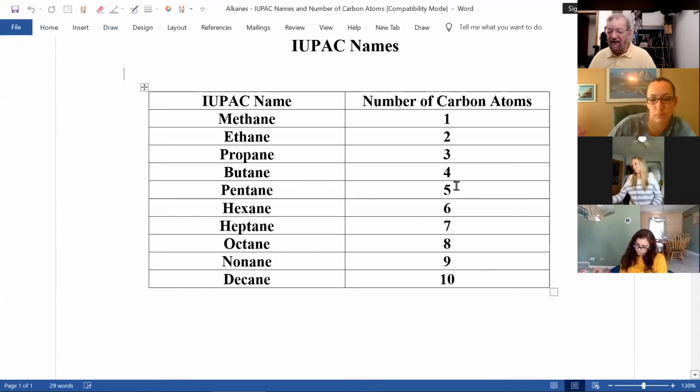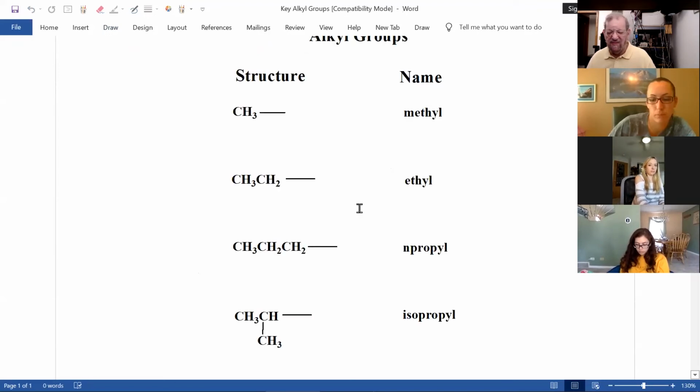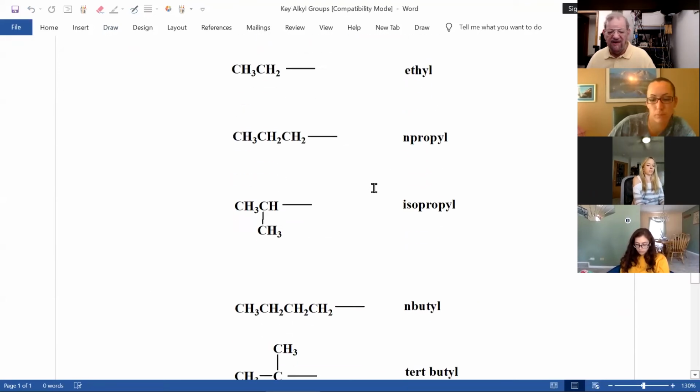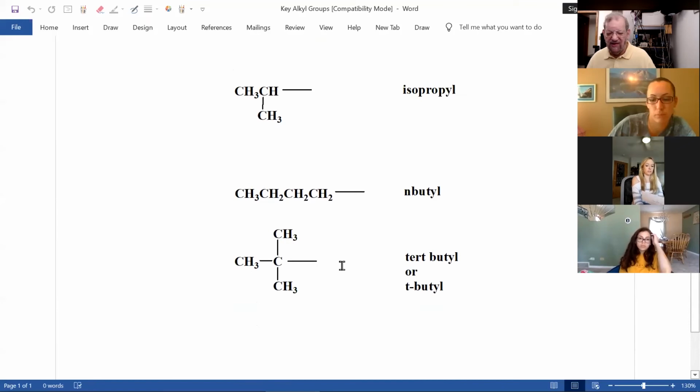It was 5. 5 is pentane. If we're in the class, both these pages would be up on the screen and the structure would be on the board. Now, notice I had the 4 carbons, 3 carbons to the center carbon, and what is that called? Tert-butyl or T-butyl?